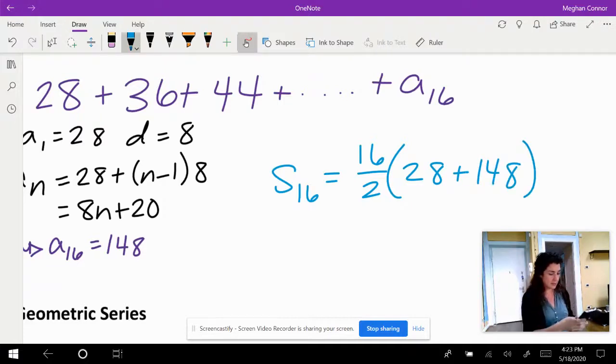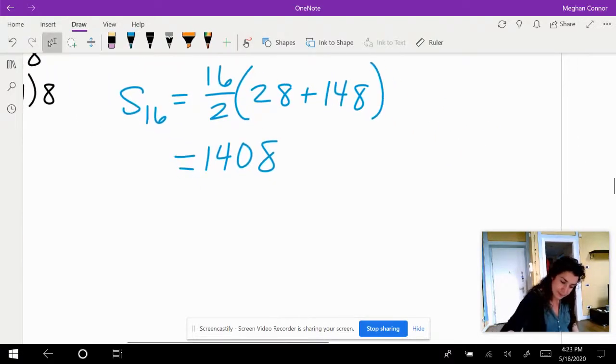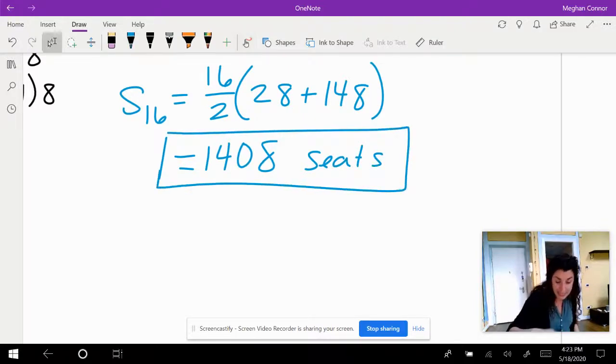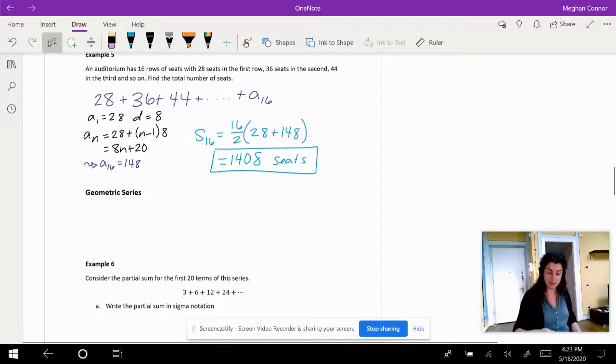So 28 plus 148 times 8, which is 1,408 seats. And you're done. That is an application where if you notice a pattern with the first couple of rows, but you don't want to go through and count them all a bunch of times, then there you go.